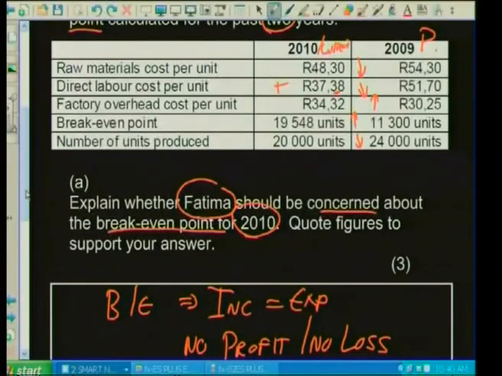The break-even point is 19,548 units. The business is producing, number of units produced is 20,000 units. So immediately ask yourself, is this above break-even? Yes, it is. It is above break-even.